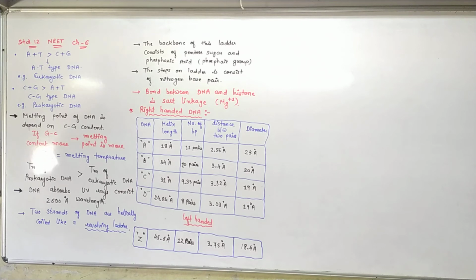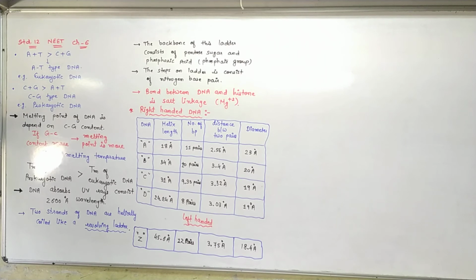In a diploid cell, how many base pairs do we have? 6.6 into 10 raised to 9 base pairs. So 6.6 into 10 raised to 9 multiplied with 0.34 into 10 raised to minus 9.